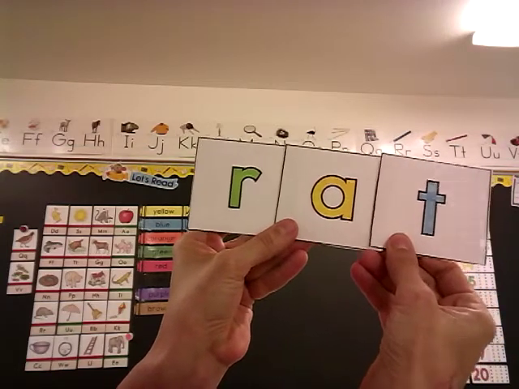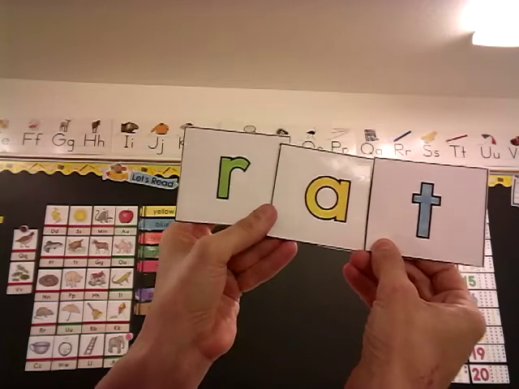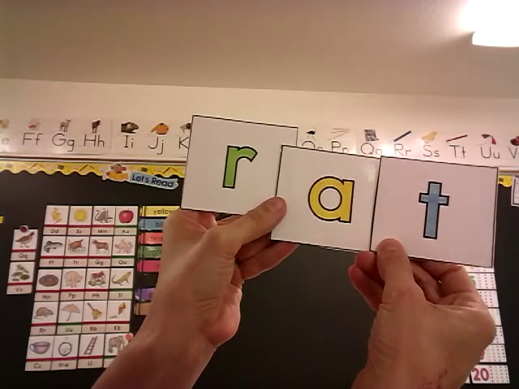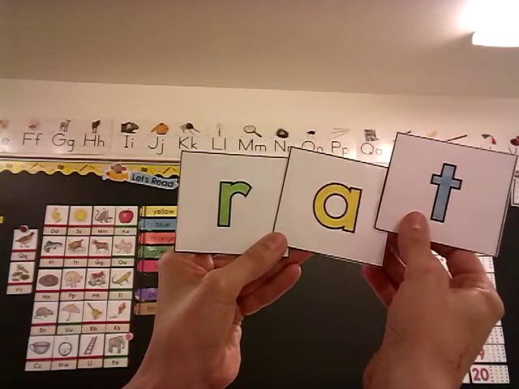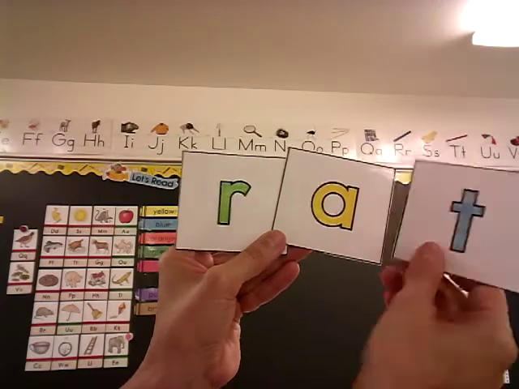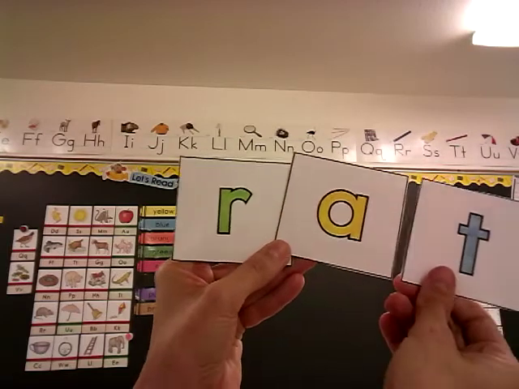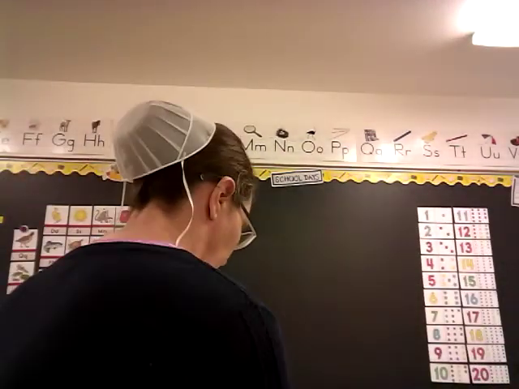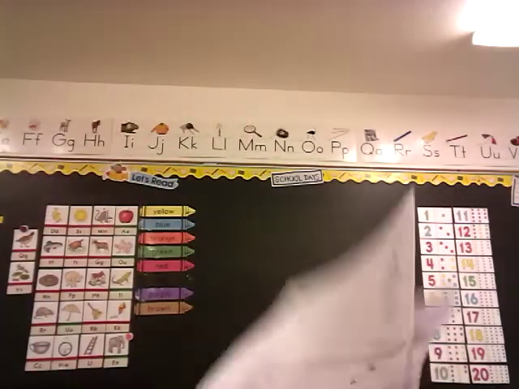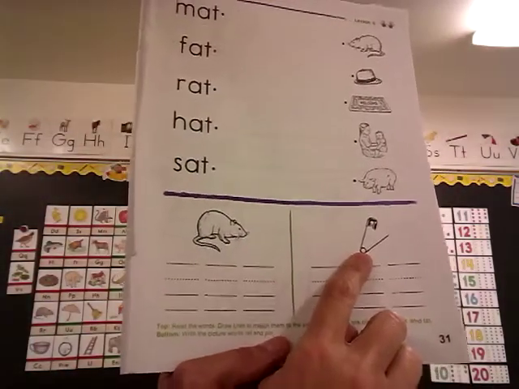R-A-T spells rat. R says r. A says ah. And T says t. Rat. See how that works? Let's do the next one. The next one is a pen.